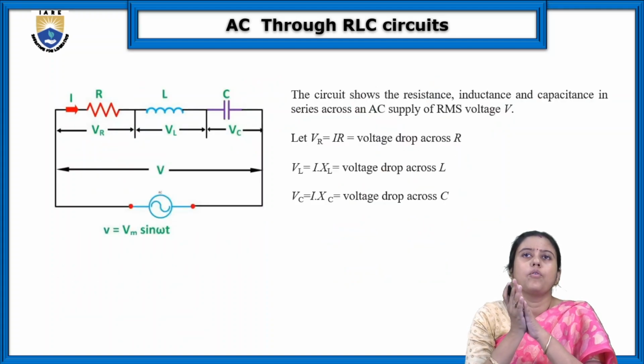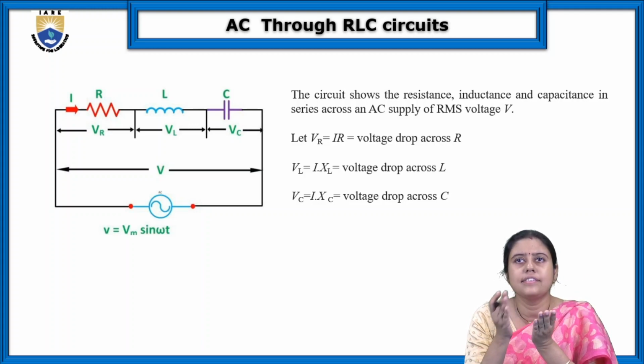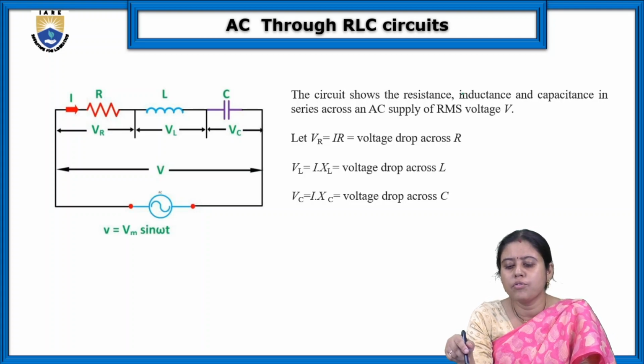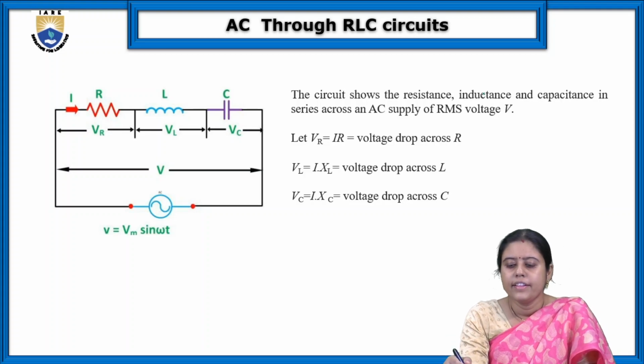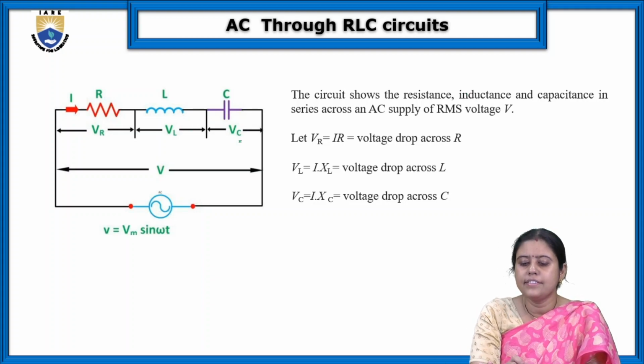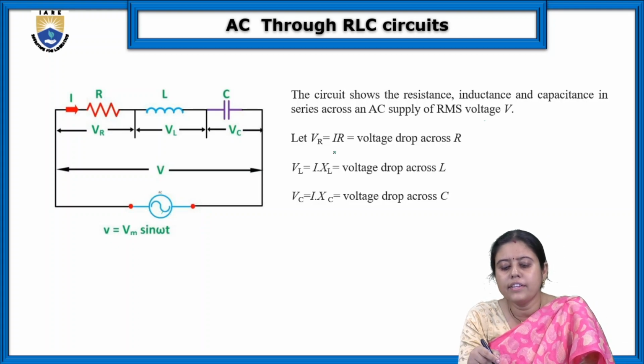Now we are going for the practical example when R, L, C are all in series. So this circuit shows the resistance, inductance and capacitance in series and an AC supply of RMS voltage V. We are giving the RMS voltage V here. So what is VR?